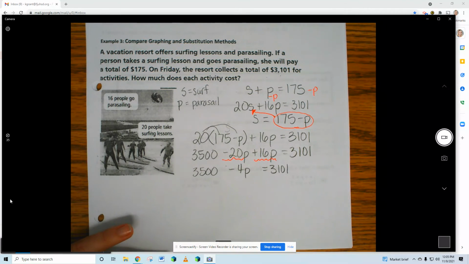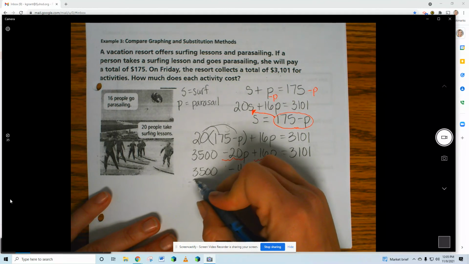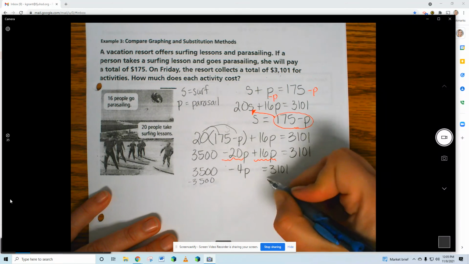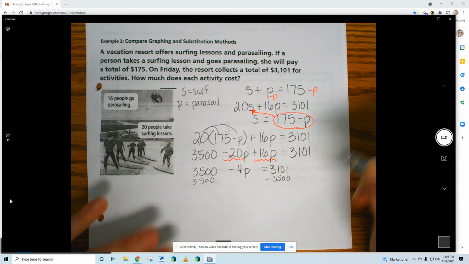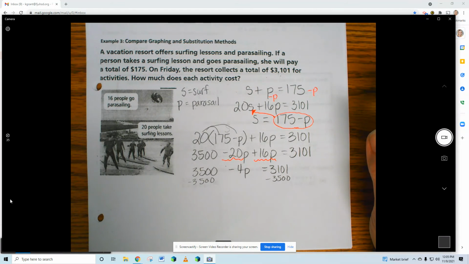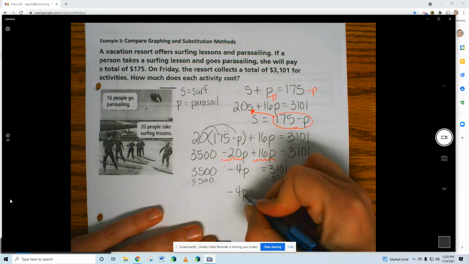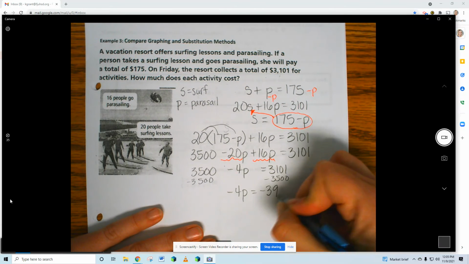Subtract the 3,500. I'm going to get a negative number. I think it's 399. Negative 4P equals negative 399.